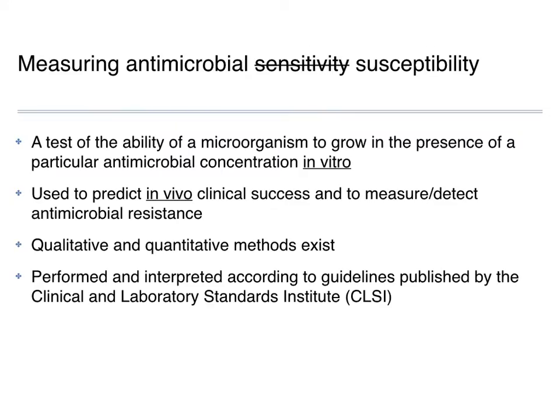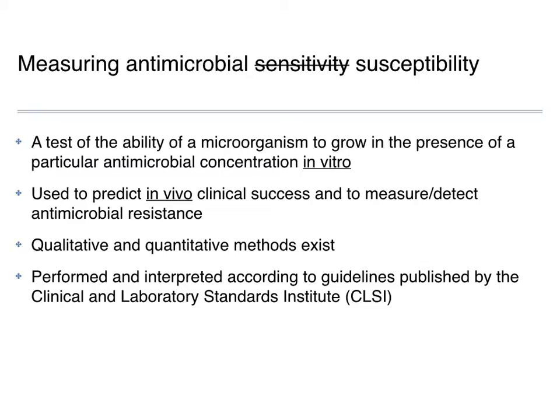So how do we measure and monitor resistance? We talked a little bit about this. The MIC, basically. How do we measure susceptibility? And again, people are sensitive, bugs are susceptible. What we're measuring is the ability of an organism to grow in the presence of antimicrobial concentrations in vitro, so in the lab. We're going to use that to predict our in vivo clinical success and to measure or detect the presence of resistance.